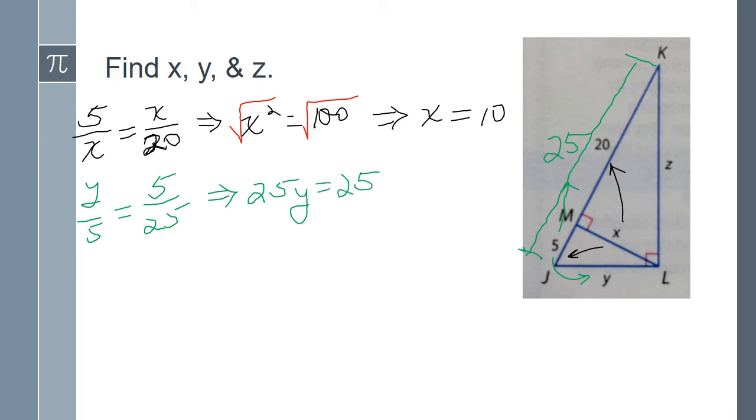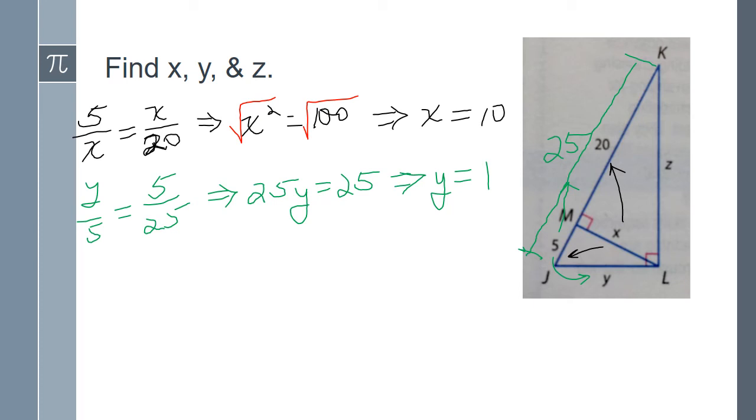Divide each side by 25. We get y is equal to 1. Right? So, that can't be correct. All right, next one.